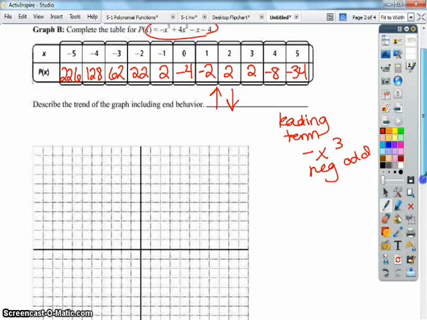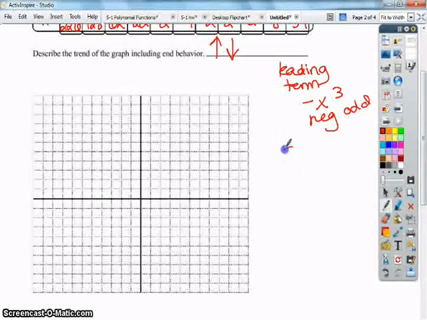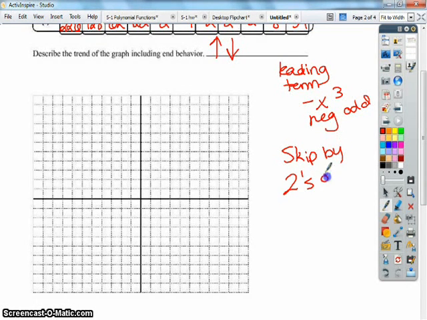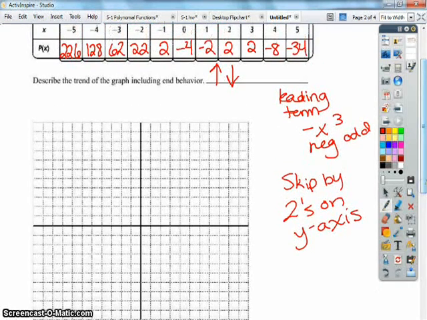I want to plot our points, but because the points are so obnoxious, we're going to skip by 2's on the y-axis. Okay, plot your points. I'm not plotting that because it's super obnoxious.